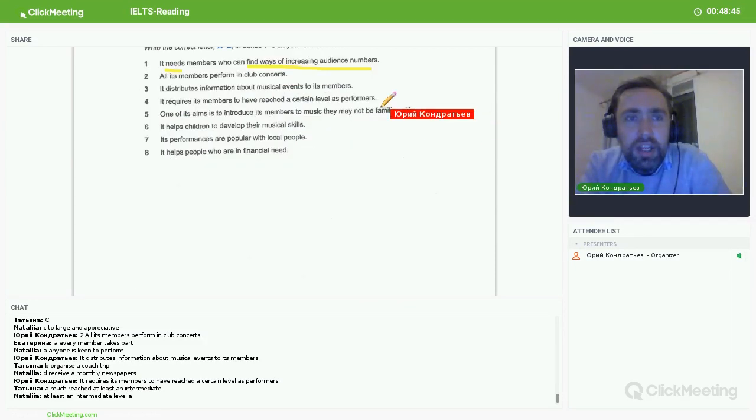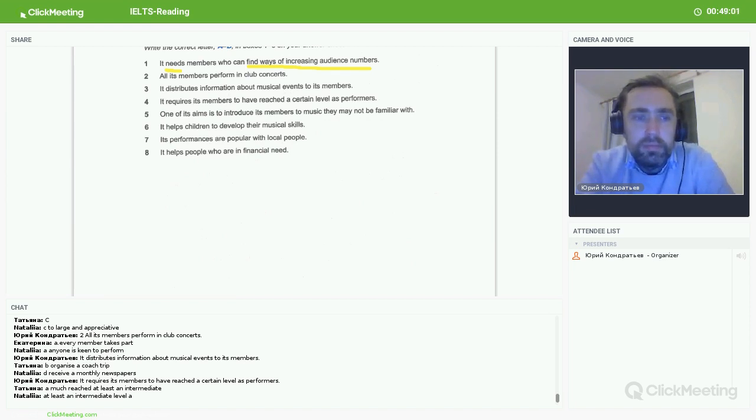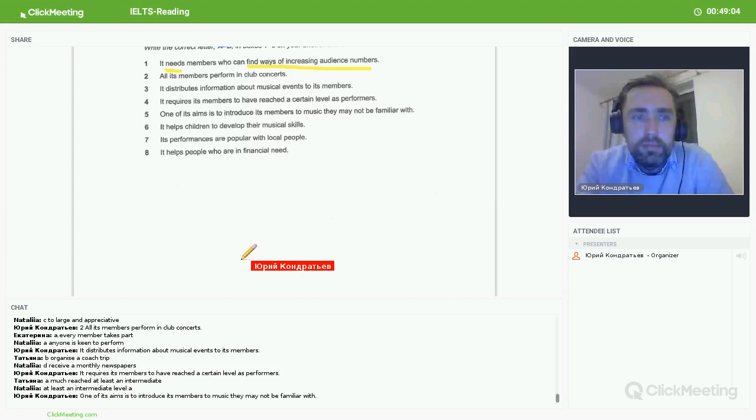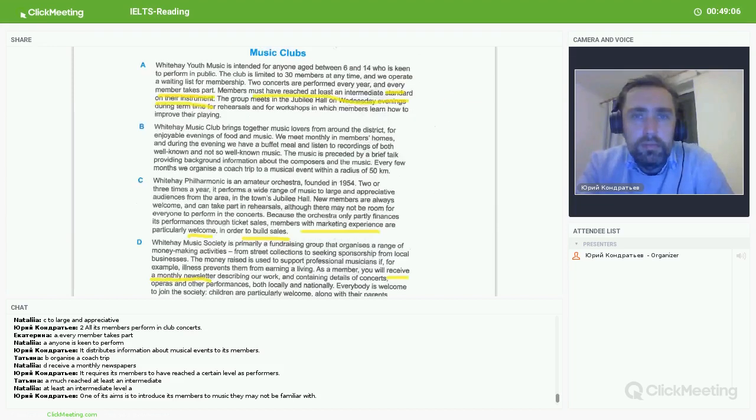Okay, so the next one, of its aims is to introduce its members to music they may not be familiar with. Let me copy this one. I can tell you that it's not text D, so I will not open it for you. I will help you a little bit.